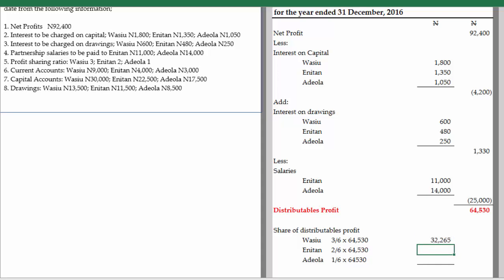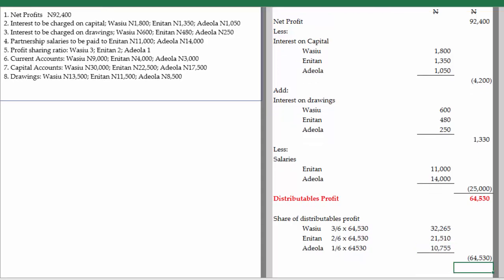Eniton will get 2 over 6 of 64,530, and that is 21,510. Adiola gets 1 over 6 of 64,530, and that gives 10,755. So we have shared this profit, and this is a typical profit or loss appropriation account.